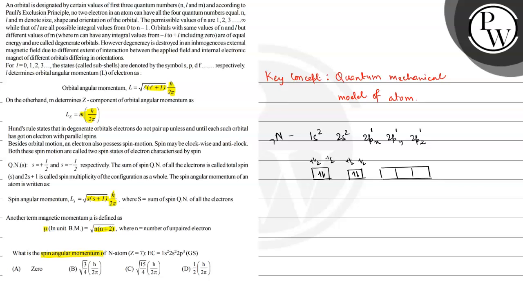Now in 2px, 2py and 2pz, the three electrons are present in the same spin. So let us put them as plus half, plus half and plus half.